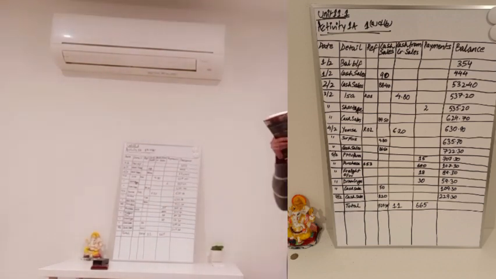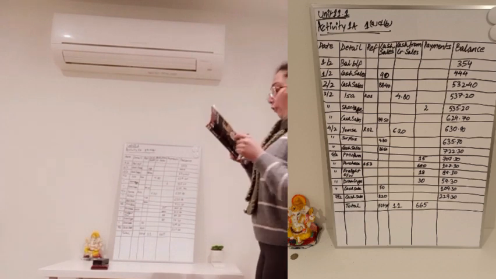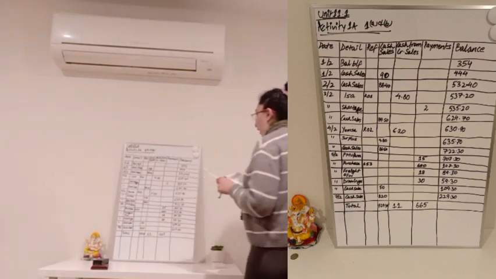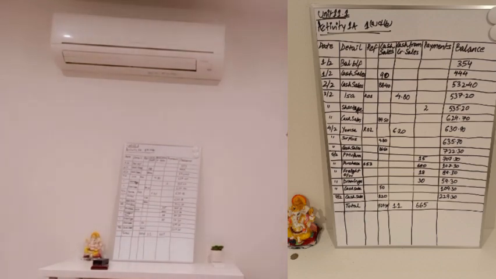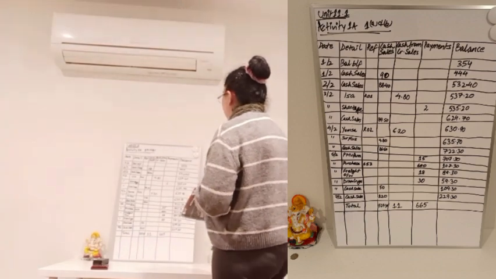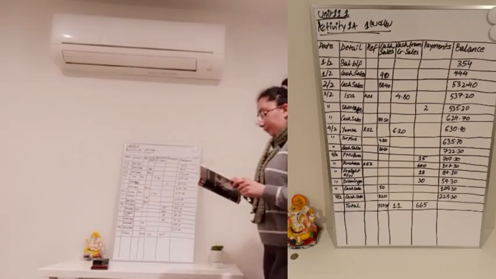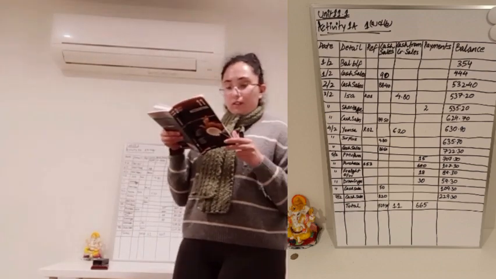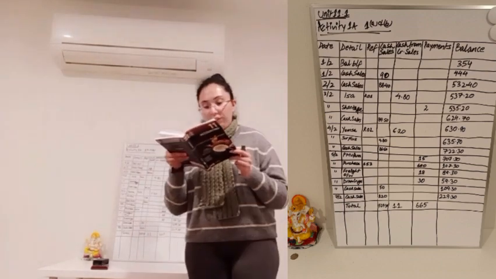Then we have cash sales of 50. The balance becomes 109.30, and lastly on 7th again there is a cash sale of 120. So the final balance becomes 229.30. So that we have done: write the balance after each entry.